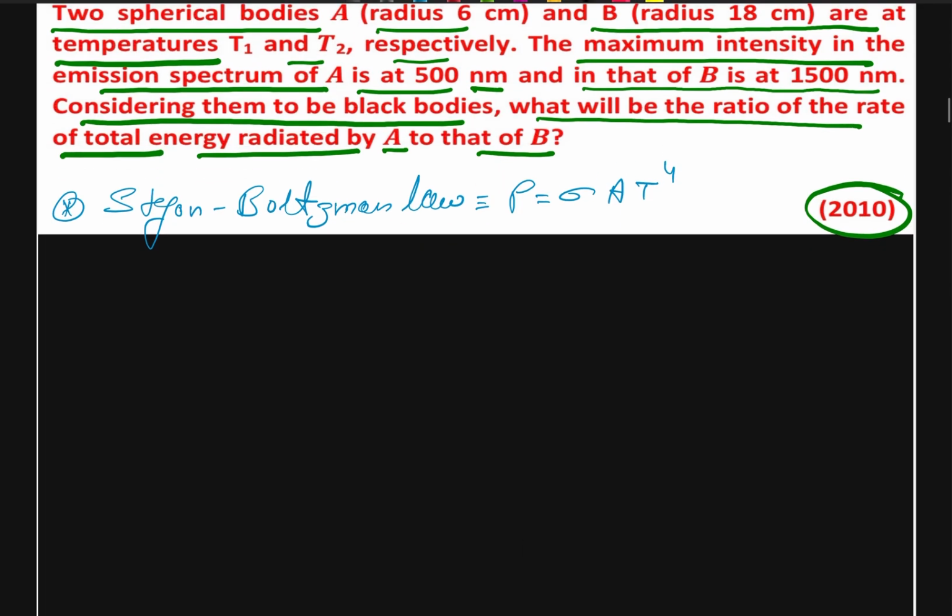So we have two bodies, so accordingly we can divide this formula into two parts. For body A, we can write P_A is equal to sigma, and the area, because this is spherical, we can write as 4 pi R_A square, and T_A whole raised to power 4.